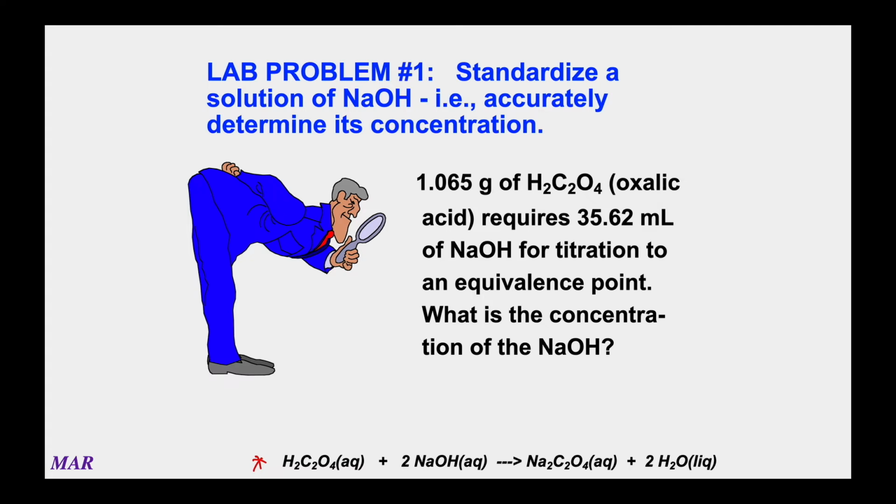Again, what we're looking for is the concentration, the moles per liter of sodium hydroxide. If we turn the 35.62 milliliters into liters, that's going to be the bottom part, the volume of sodium hydroxide. And we can get the moles of sodium hydroxide by first converting grams of the oxalic acid into moles and then multiplying them by 2. I'll show you what that means in more detail in the next slide.